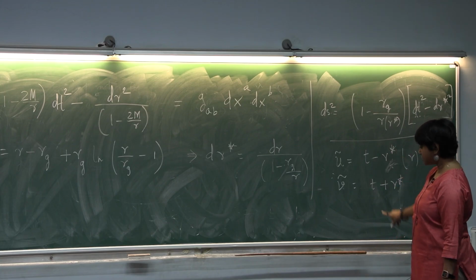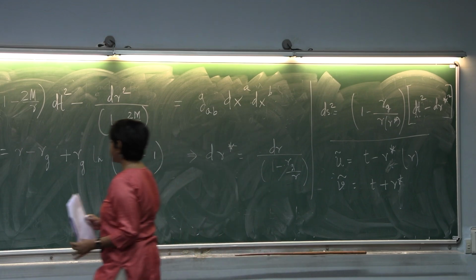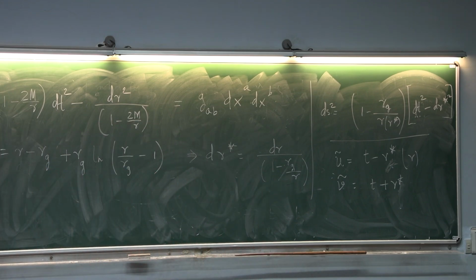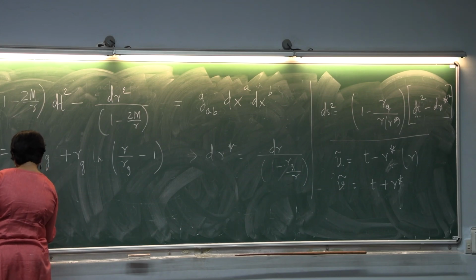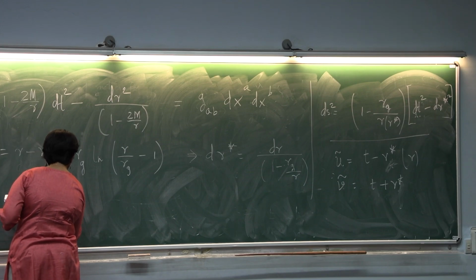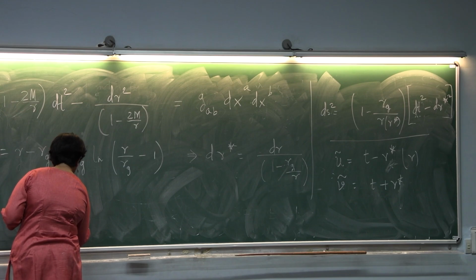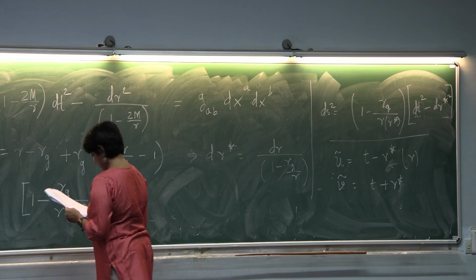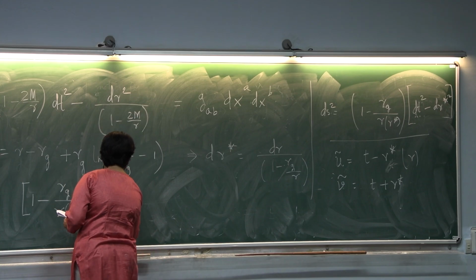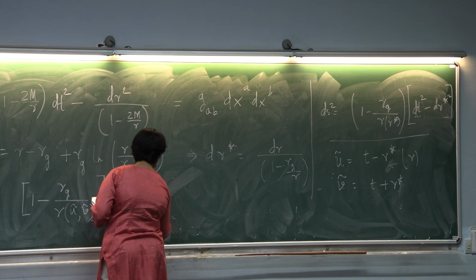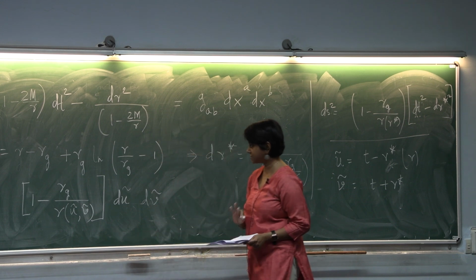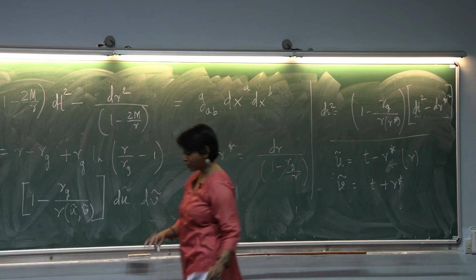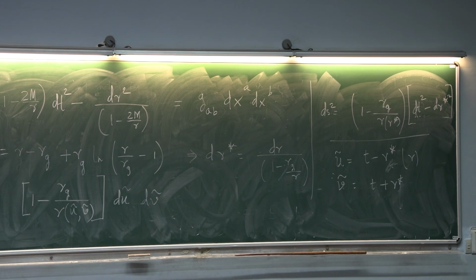Now under this transformation you can write down ds square. The Schwarzschild ds square becomes 1 minus rg over r, with r as a function of u tilde and v tilde, times du tilde dv tilde. I have checked this by myself several times. If you have not done it once by your own hand, you may just see how it comes.